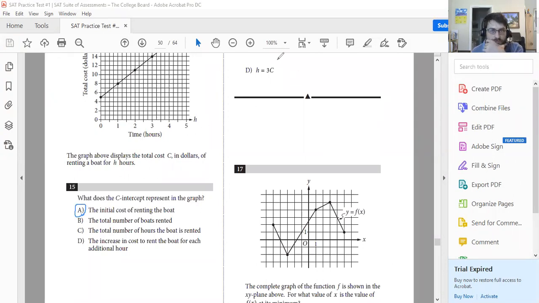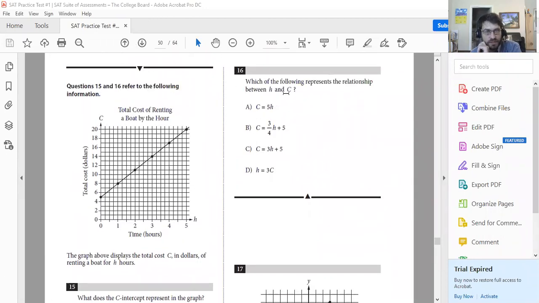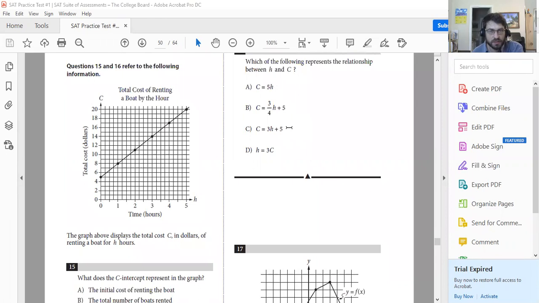And do we have another question to go with this? Yes, we do. Which of the following represents the relationship between H and C? Let's get our pen back up. So I already said this was 5. So that will be our y-intercept.